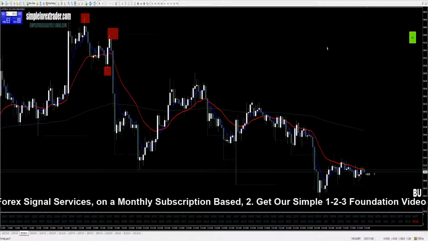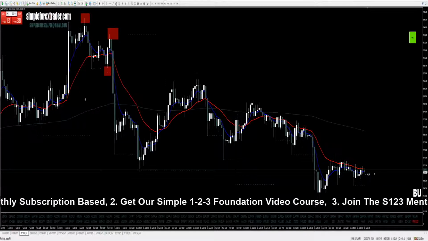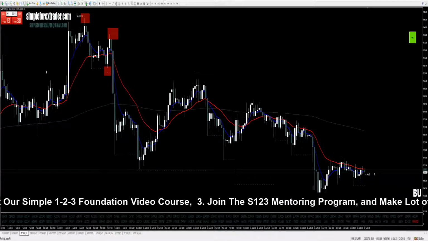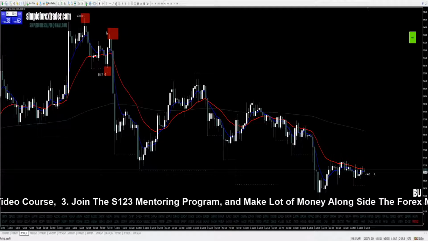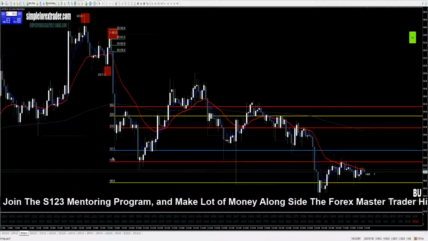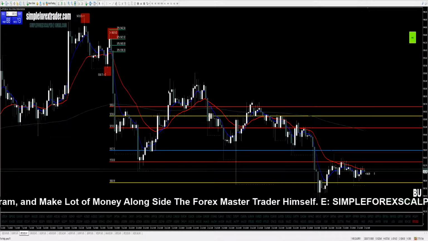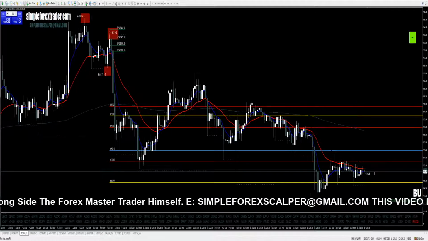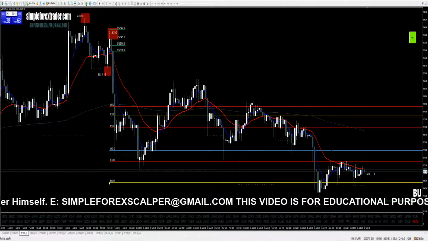We plot our take profit targets, which is simple. 1 here. 2 here. 3 here. Bingo. There's our take profit target. All 6 targets are hit, 1, 2, 3, 4, 5, 6.